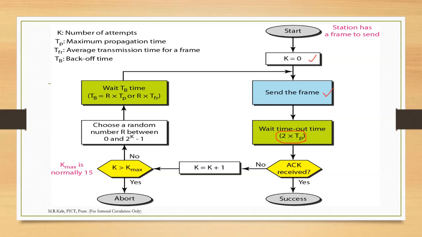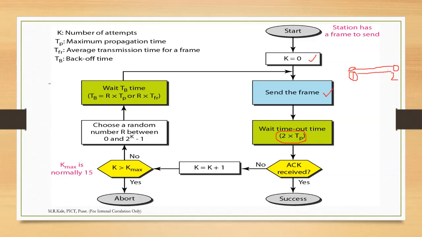Now for how much time should it wait? It should wait for 2 into TP time. Just now we have seen that maximum propagation time TP is the time taken for data transfer between stations which are farthest in the network. So suppose this station is sending data to this station. For how much time should this station wait for the acknowledgement?